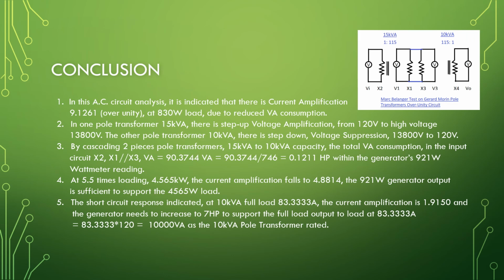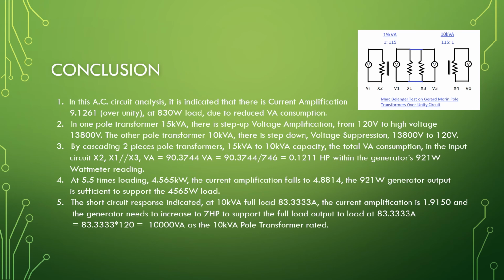Conclusion. In this AC circuit analysis, it is indicated that there is current amplification of 9.1261 over unity at 830 watt load due to reduced VA consumption.